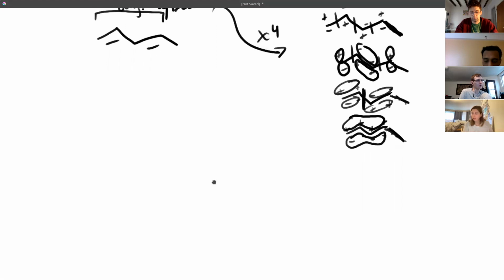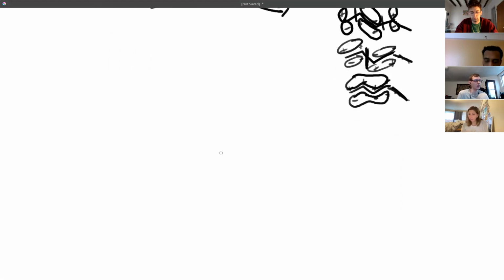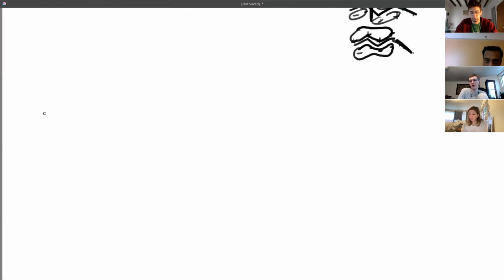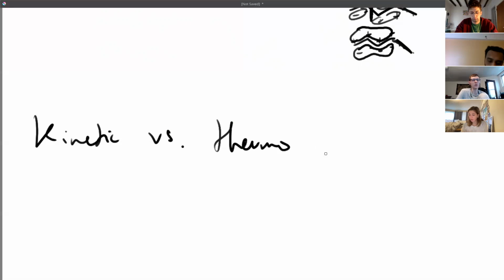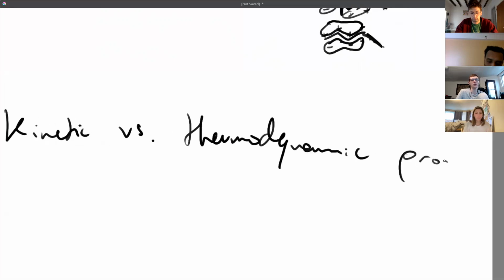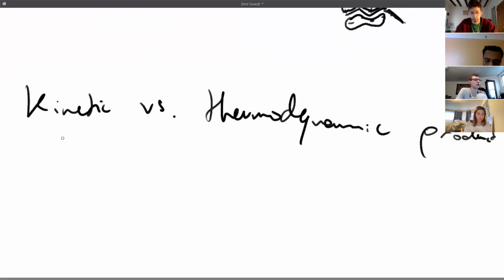Okay. So let's see, a couple of other things that we saw this chapter. There's this idea which is new, but I think you'll see it a few more times: the idea of a kinetic versus thermodynamic product. Kinetic means that you do it while things are cold.